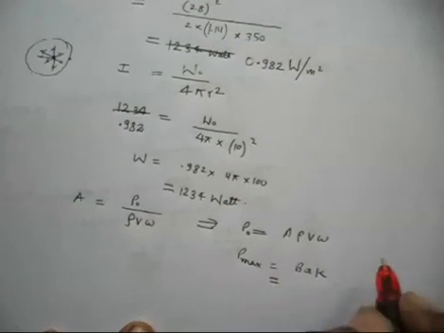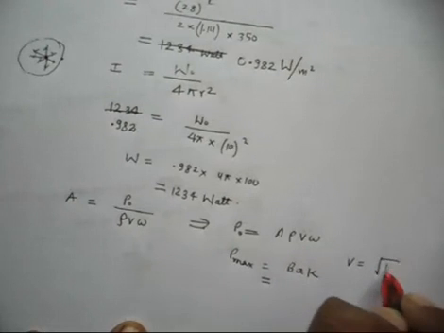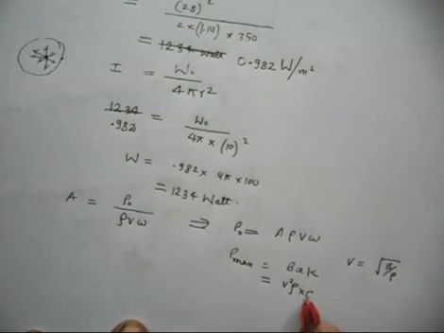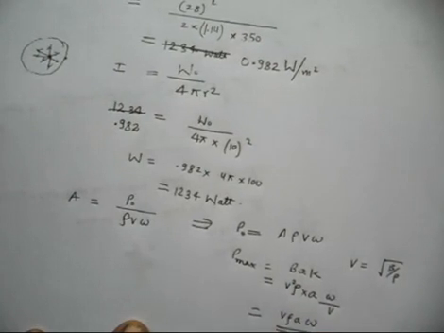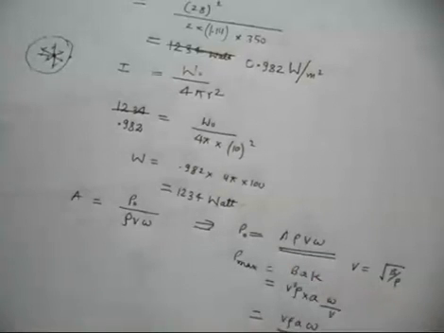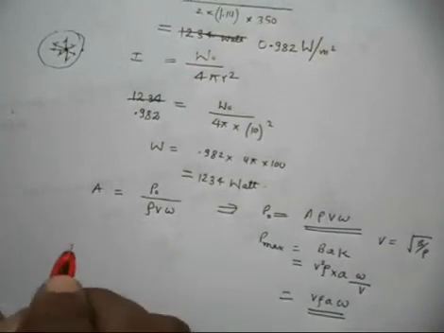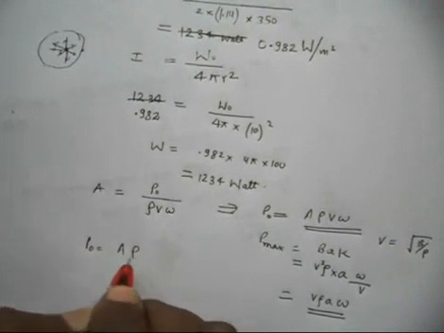Velocity is the square root of B by rho, so you can write B as V square into rho. This is B into A, and K is nothing but omega by V. So this comes out to V rho A omega. This expression is not a tough expression, you have to remember it. Now P naught is A rho V omega.